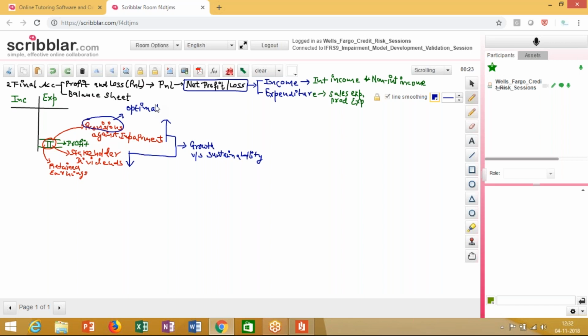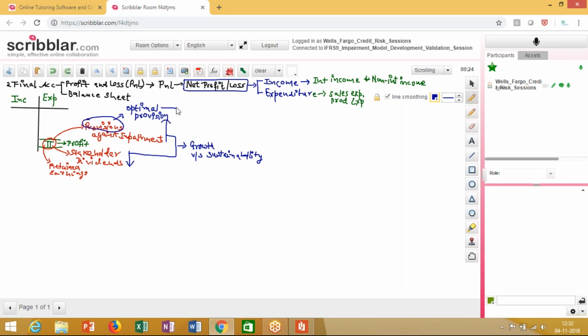But if I keep very low provisions, I may be investing elsewhere, but in case of defaults or impairments, I may end up with a bankruptcy risk, right? So what should be the optimal provision? This question leads to the formulation of a whole set of regulations all across the world.